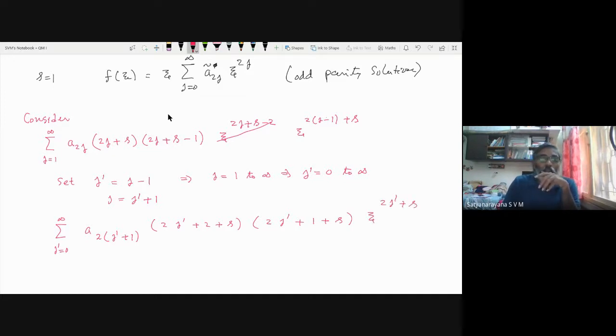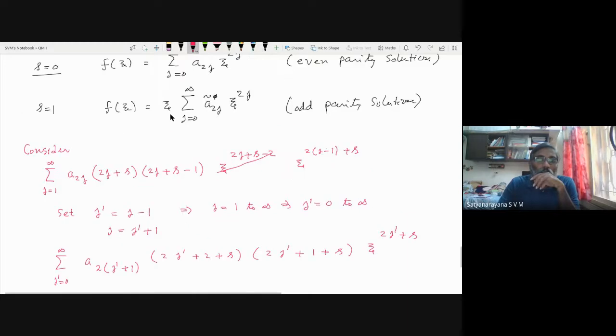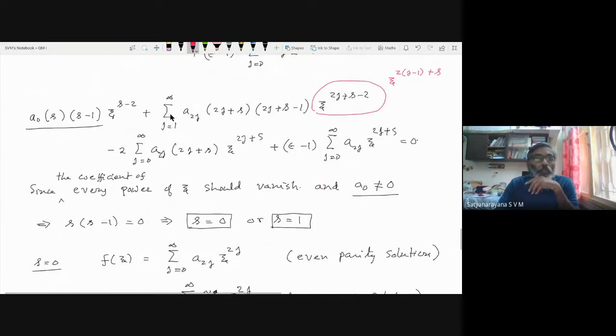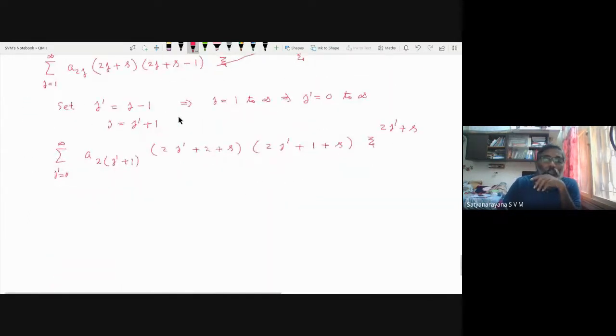Now j prime is dummy. Okay, so since j prime is dummy, the original equation, maybe I should call this equation 5. Okay, so the original equation can be written in the following fashion.